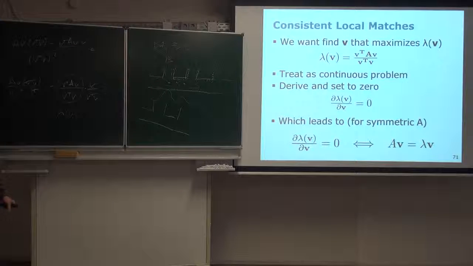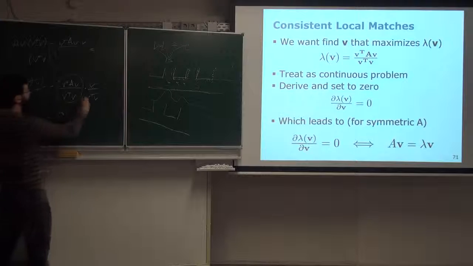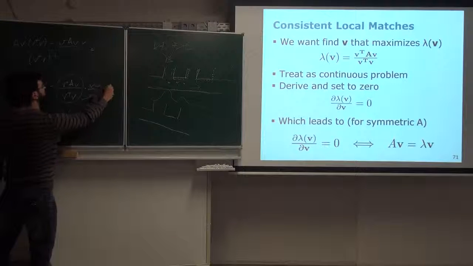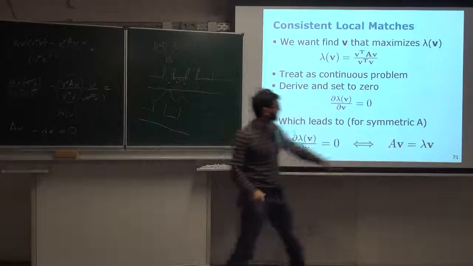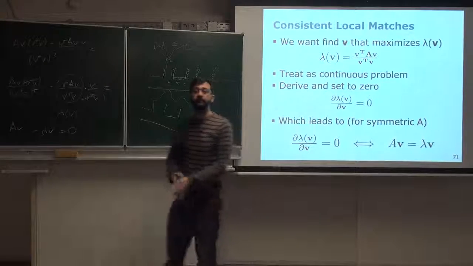We just look for the versor. So this is actually equal to 1, this is equal to 1, and this ends up in AV minus lambda V, which is what I wrote here. This must be equal to 0, and you just end up in the typical eigenvalue problem down there.